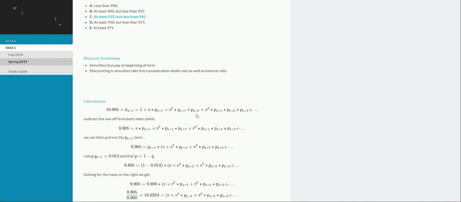To further highlight that notation, if we go to the next payment, the very beginning of the third year, two years in the future, you need to discount it back two years, so that's v squared. And we only want to consider those who are alive at the beginning of the third year.